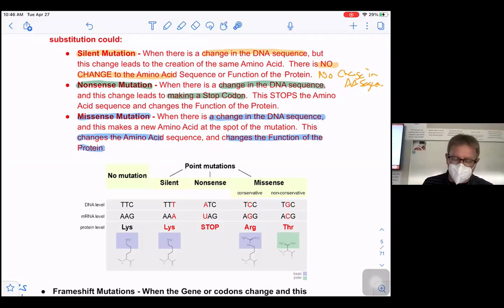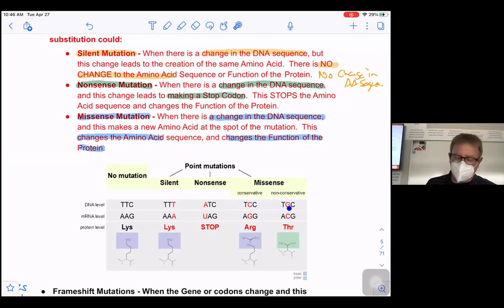With our missense, again, our original strand of DNA is TTC, and in a missense we get TCC. That creates a new codon of AGG on the mRNA, and that mRNA codon codes for a new amino acid, arginine.